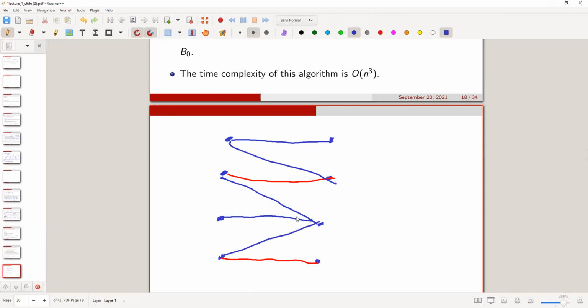Okay, suppose the red edges are the matched edges and the blue edges are the unmatched edges. Now we add an arrow from left to right. We direct the edge from left to right if that edge is unmatched, suppose like this. And we direct the edge from right to left if the edge is matched. So suppose this.